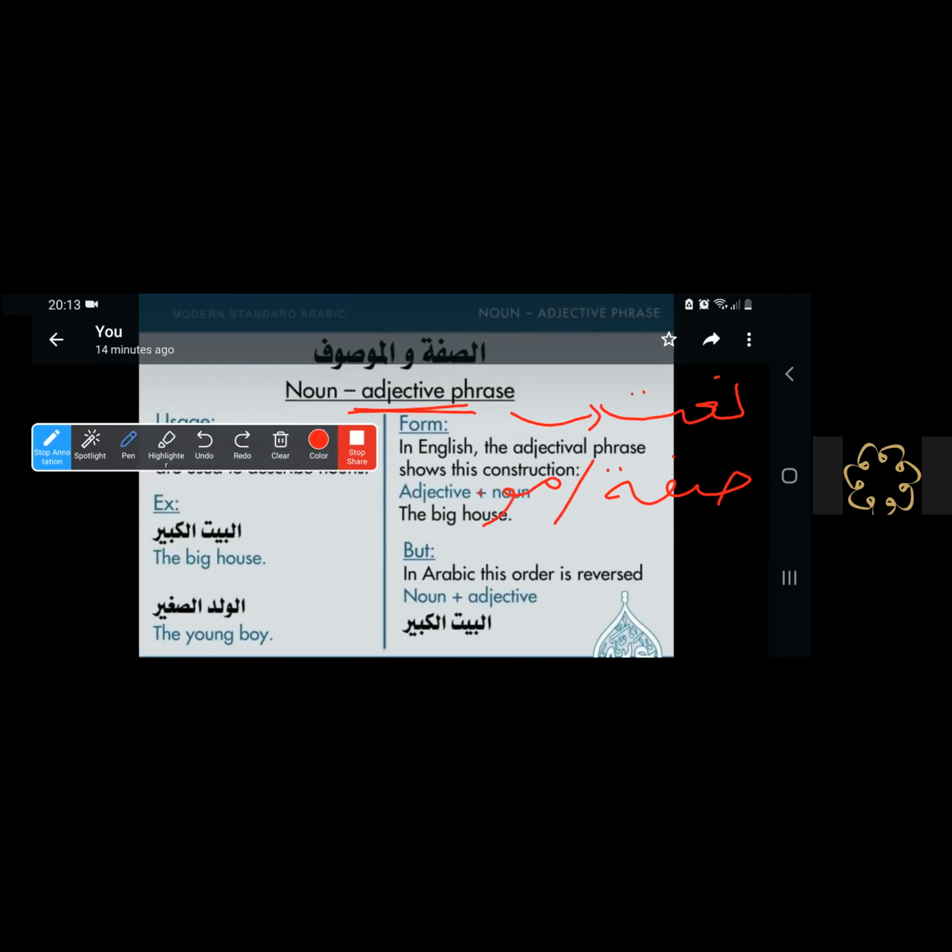And موصوف is the thing, the object that you are describing. For example, here I say big house. Big is an adjective. House is موصوف. You are describing the house. الولد الصغير, ولد is موصوف. تمام? And another name is المركب التوصيفي.